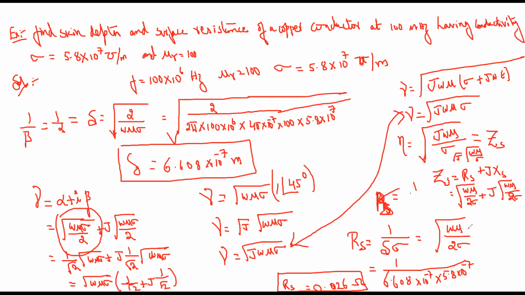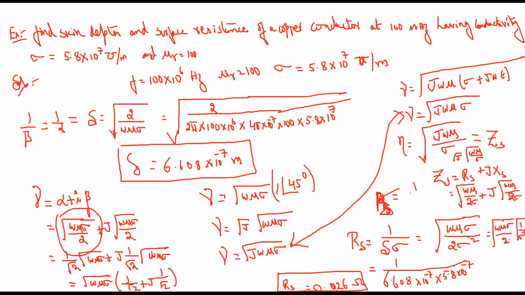What is the delta actually? Sigma you can write here and write this here as sigma square. That is equal to under root of omega mu sigma in the numerator. I wrote here the 2 and under root of 1 by the sigma square, and the root under sigma gets cancelled.